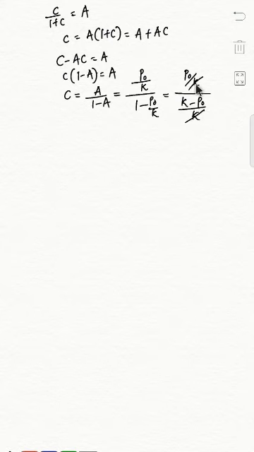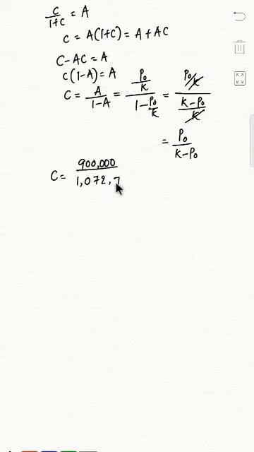Let's say these two cancel out each other, we end up with p naught by k minus p naught. So c is equal to p naught, 900,000, divided by 1,72,764 minus 901,000.